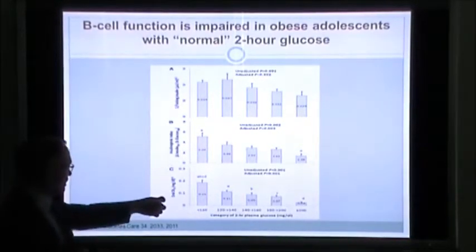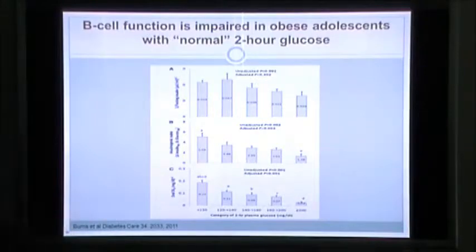There's this concept of the disposition index, which is essentially a mathematical way of expressing insulin secretion as a function of insulin sensitivity. Does that make sense? You're going to see this again and again, and we can talk about the way it's calculated. It's not important. Essentially, it's a way of correcting for the amount of sensitivity when you measure insulin secretion.